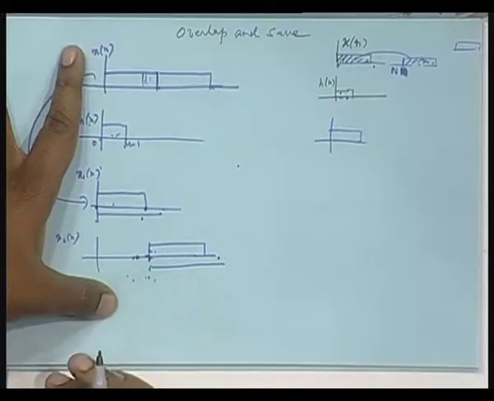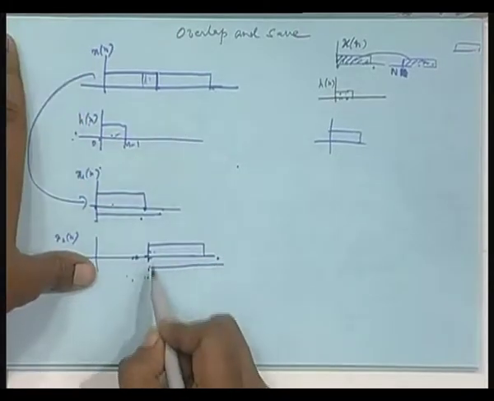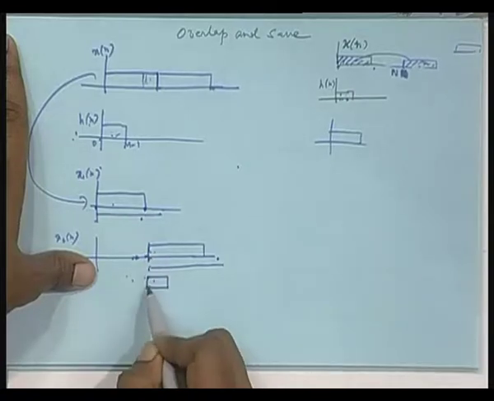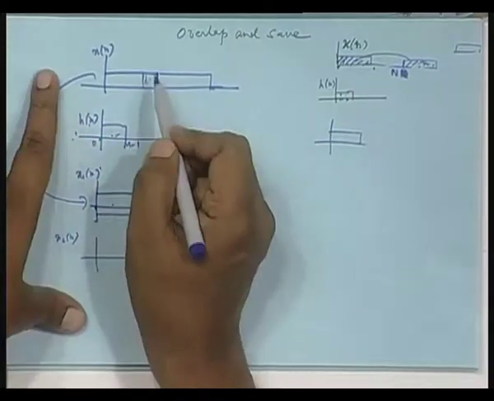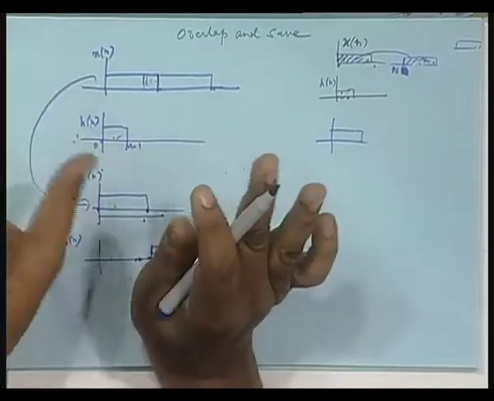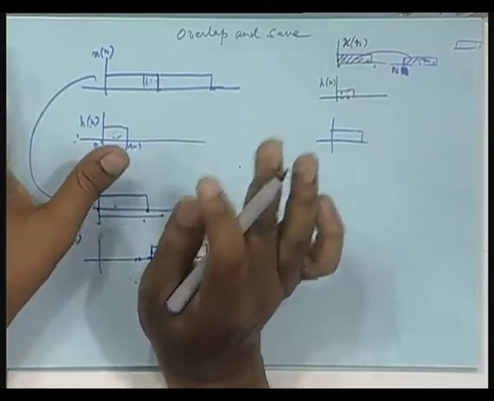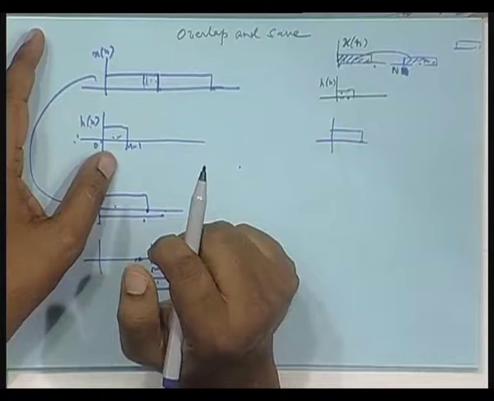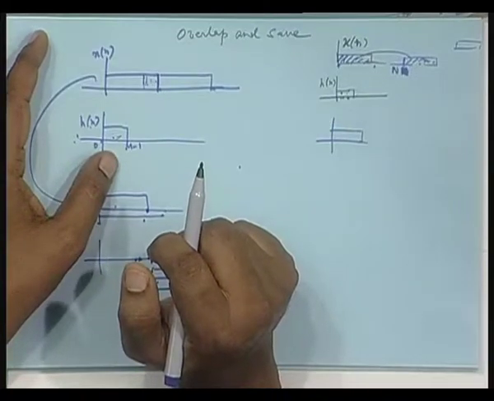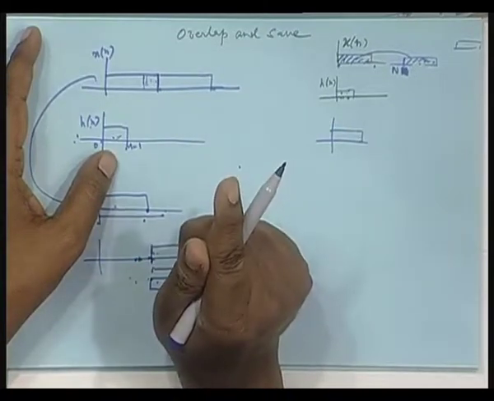When will the output be correct? When after getting shifted, this entire thing has come below this, then you do not need any data from the previous block, is it not? After how many shifts? From the Mth shift onward.